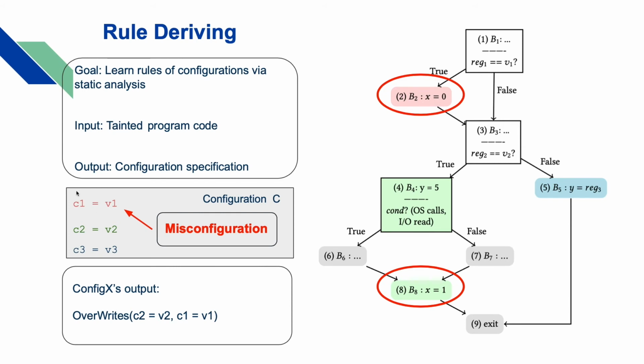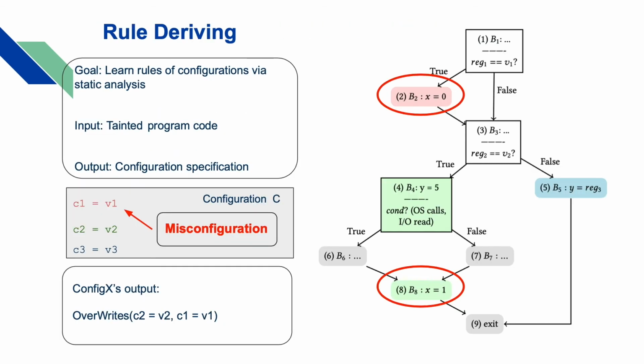Although you specify C1 equal to V1, this value will finally be overwritten by the setting of C2 equal to V2. In this way, we have detected this rule: override. If the user specifies C2 equal to V2, then the setting C1 equal to V1 will be overwritten, and this will become a silent misconfiguration.